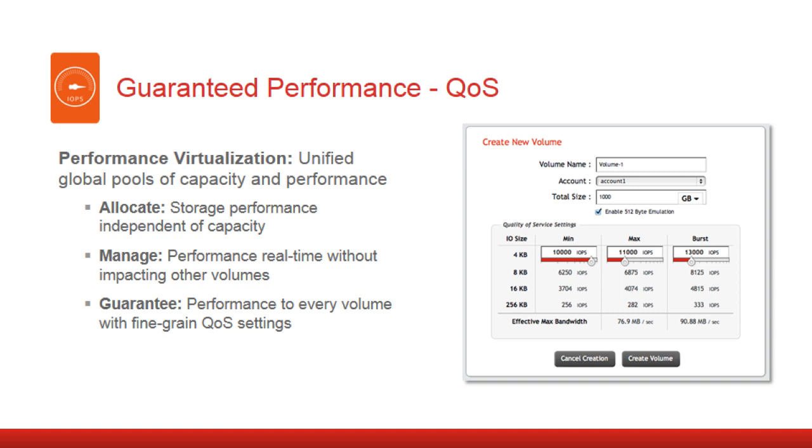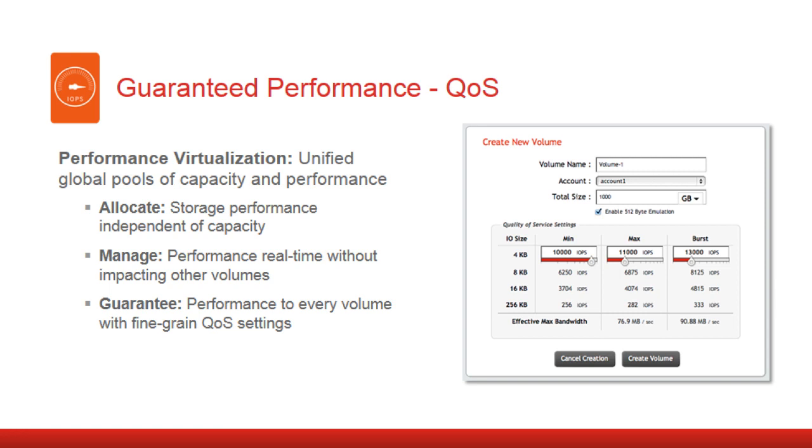Storage administrators traditionally think, I need this level of capacity, or I may need a level of performance and I need to touch a certain amount of drives to get it. Well, what we've actually done is virtualize both capacity and performance, so that when you create a volume or create a LUN, you're not just assigning capacity and space, you're also using the performance aspects of it as well.